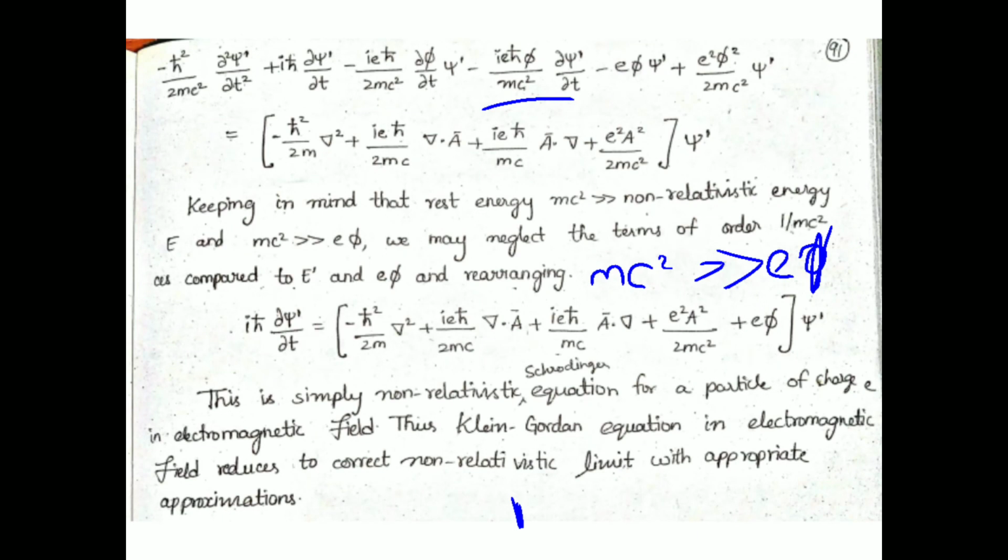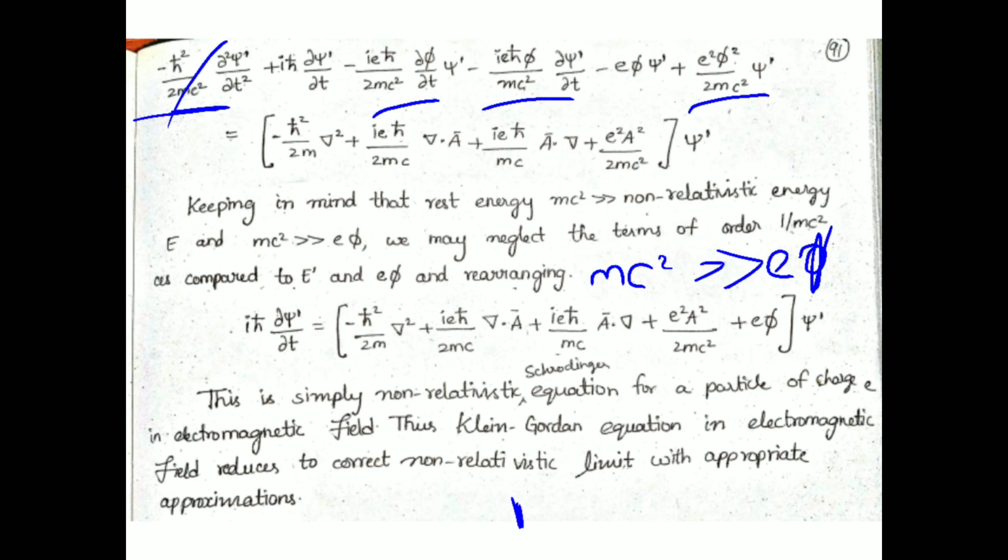Here also 1 by 2mc square is there. So like that we could neglect these terms. So here mc square, this mc square, and here also mc square, these terms. So here also 2mc square. So these terms could be neglected.